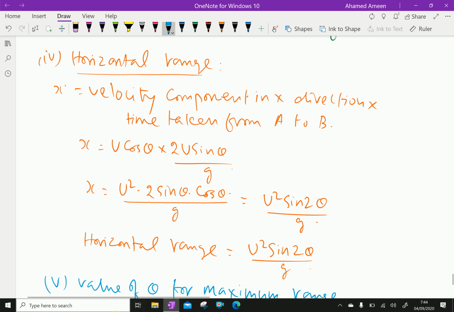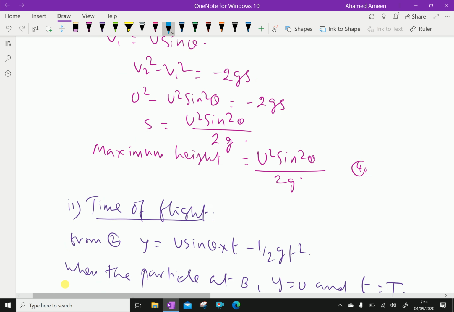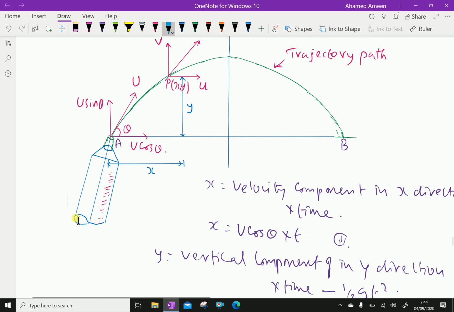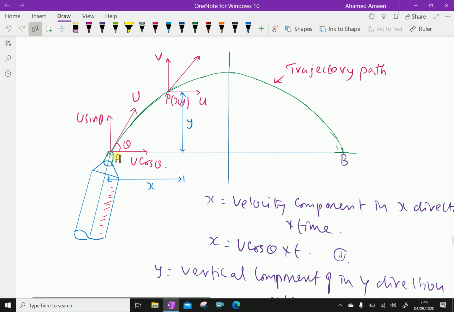Here, if you keep theta, the angle of the nozzle to the horizontal direction, at a particular angle, the jet must travel the maximum range. For that angle, theta max, we have to find. That means we have to find the angle at which the nozzle is kept to the horizontal so that the range is maximum. We will do that.